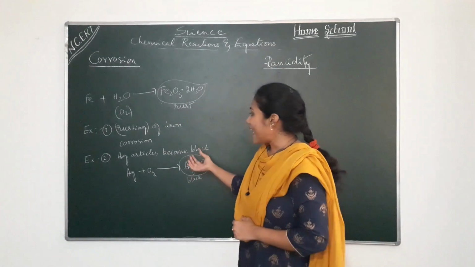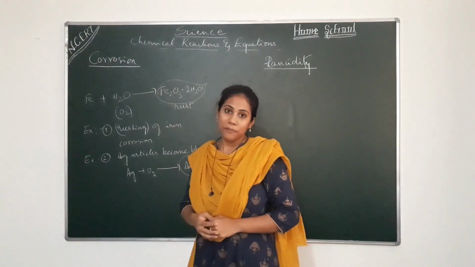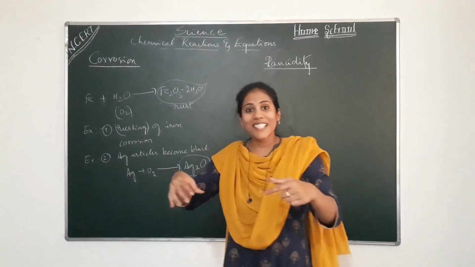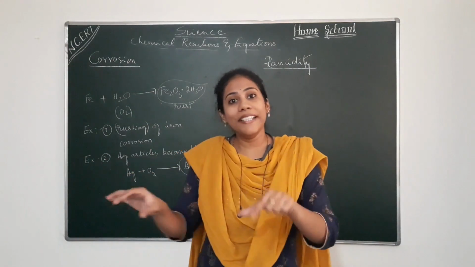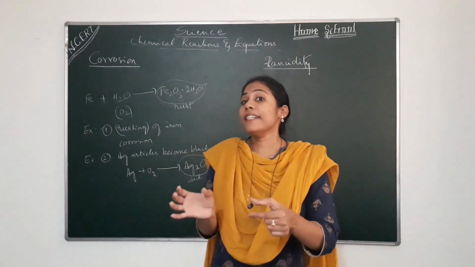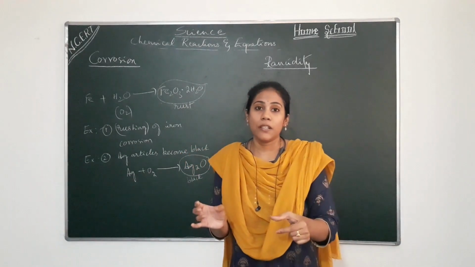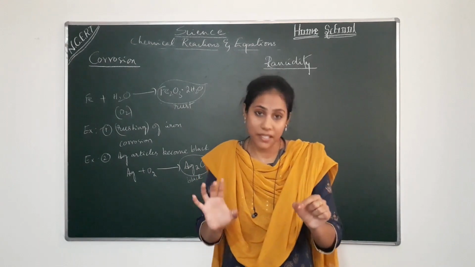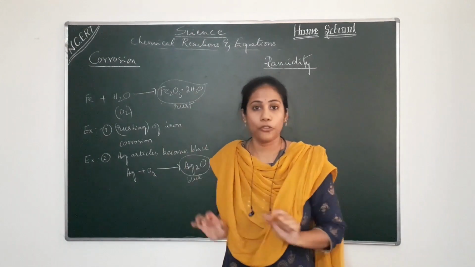And this is another example of corrosion. Corrosion means any metal that is getting spoiled, its quality is getting changed because it is exposed to the atmosphere, because it is reacting with the chemical compounds present in the atmosphere. That is corrosion.